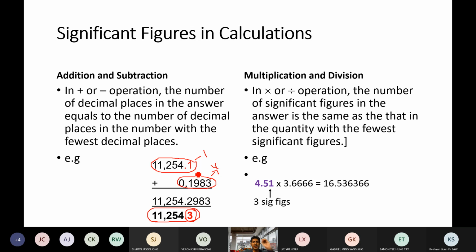It will follow the minimum decimal places among all the values. If there were more figures to add, like 2.385, that would be 3 decimal places. It doesn't matter how many we add up or subtract.